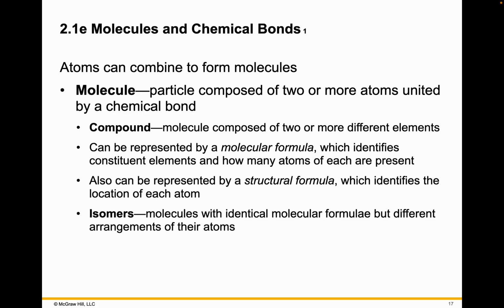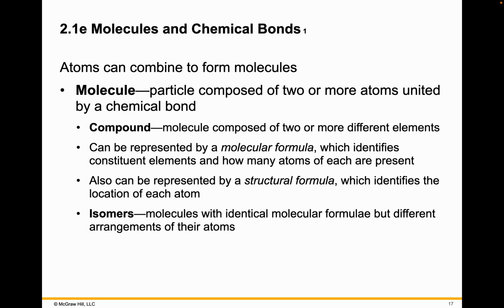Those atoms combine together to give us molecules. A molecule is a particle composed of two or more atoms held together by a chemical bond. Now, there are lots of books with very specific definitions about the difference between a compound and a molecule.